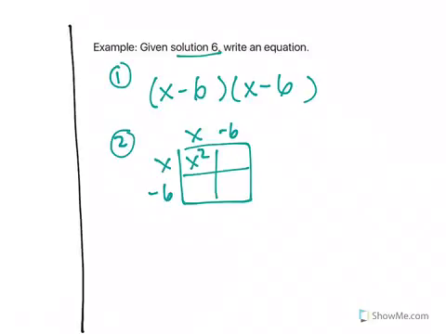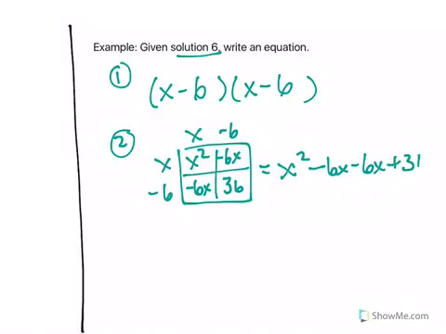We get x squared here, negative 6x here, negative 6x here, and then negative 6 times negative 6 is a positive 36. Write this out with all the terms. X squared minus 6x minus 6x plus 36. And our final step, combine like terms.